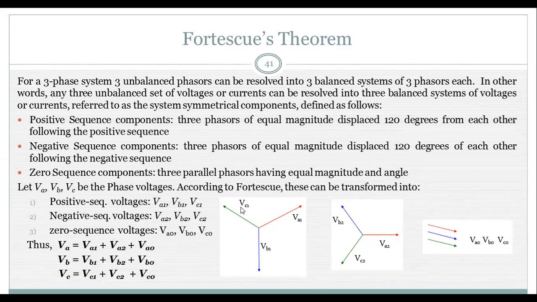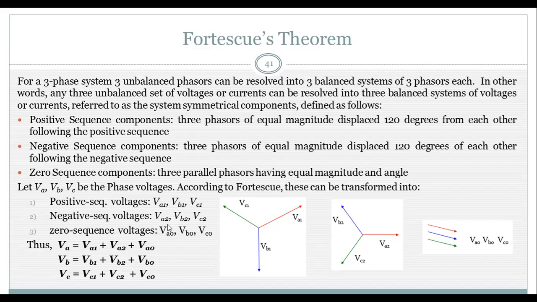The positive sequence symmetrical component is similar to the original system. These are denoted by suffix 1, that is VA1, VB1, VC1 for voltage, and IA1, IB1, IC1 for current. The angular displacement between them is 120 degrees, the magnitudes are the same, and the phase sequence is the same as the original system.